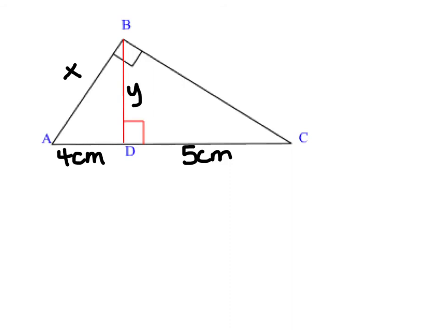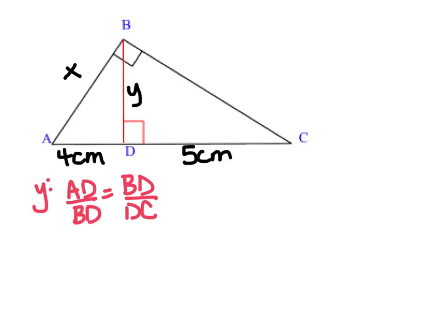Taking a look at this next problem, I notice that both chunks of the hypotenuse of my big triangle are given, and I'm missing the height of the big triangle. So this looks very similar to our last problem, and we use corollary number 1. So we're going to solve for y, and again we're going to use corollary number 1, which states that AD over BD is equal to BD over DC.